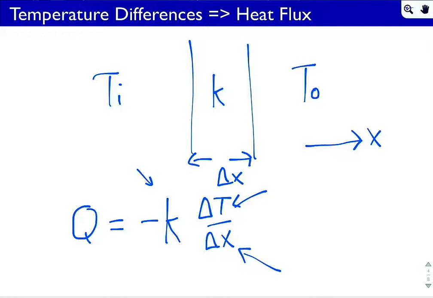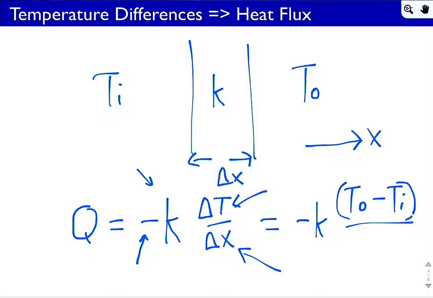The minus sign works correctly because if, and I'm going to write this in our sense here, we have minus K times T outside minus T in. That's a change in temperature as we increase X going from left to right, divided by the change in distance, which is delta X. So if the outside temperature is greater than the inside temperature, then we have Q is negative, and that's correct.